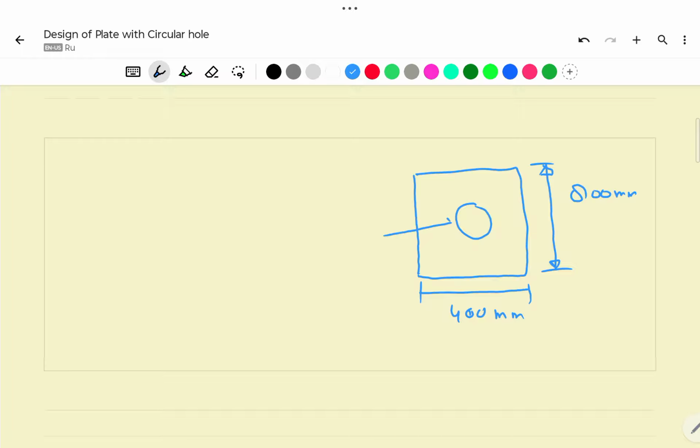Its diameter is 100 mm, but one quantity is unknown, that is the thickness. How much thickness of plate will we design?